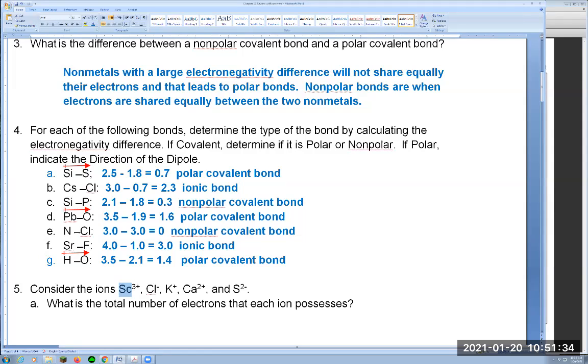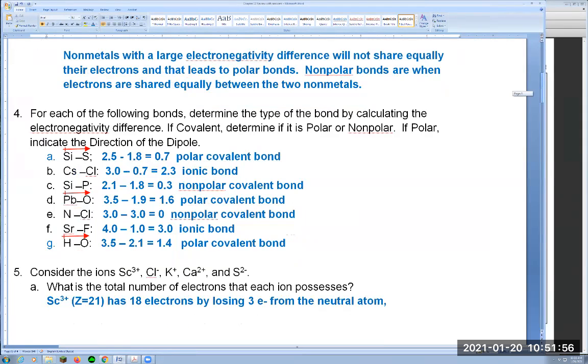So you need to remove 3 from the 21 to get the number of electrons, because scandium will have lost 3 electrons to be scandium 3+. So 21 minus 3 is 18. So scandium 3+ has 18 electrons by losing 3 electrons from the neutral atom.